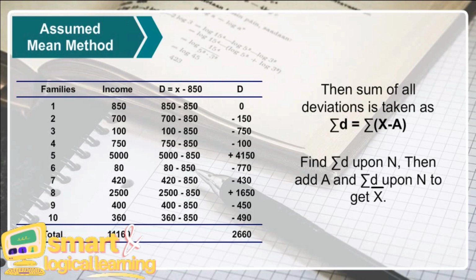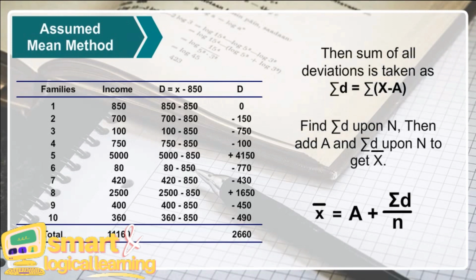Then add A and summation D upon n to get x bar. Therefore, x bar is equal to A plus summation D upon n.